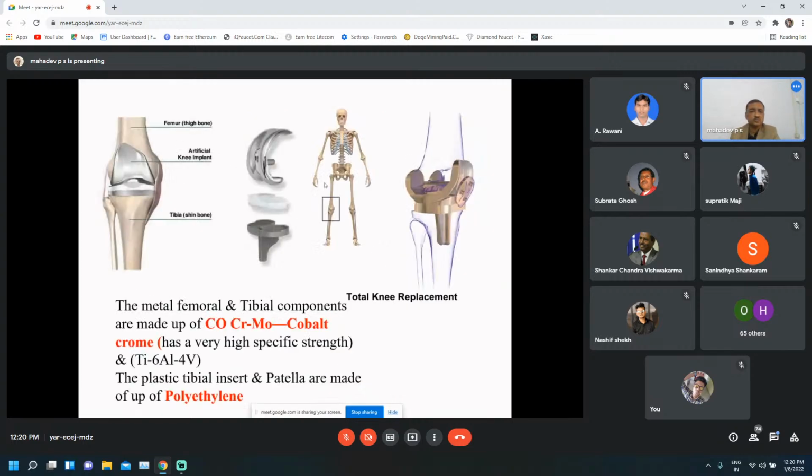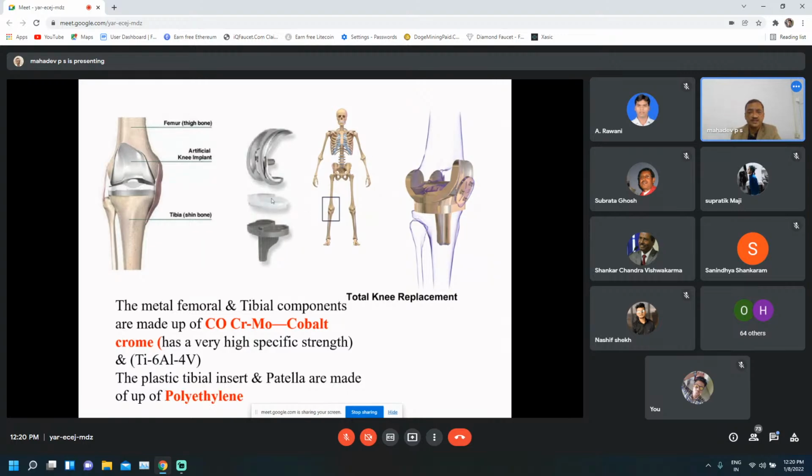Again, more clearly you can see the metal femoral component, this upper thigh bone, and the tibia components are made up of cobalt, chromium, molybdenum, which has a high specific strength, and titanium 6 aluminum 4 vanadium. The tibia insert and patella are made up of polyethylene.